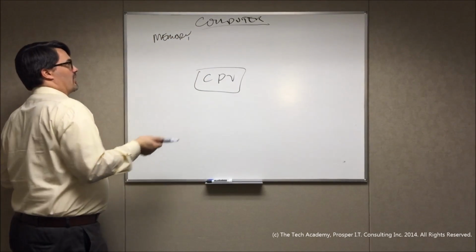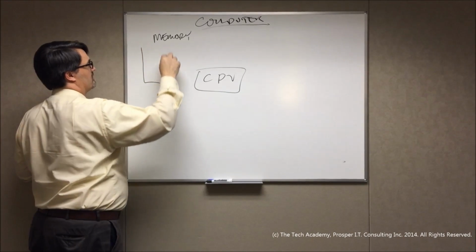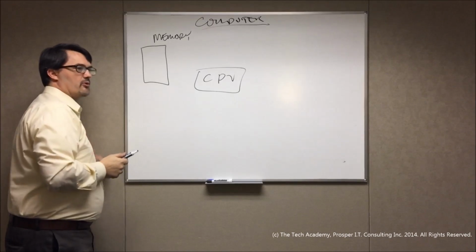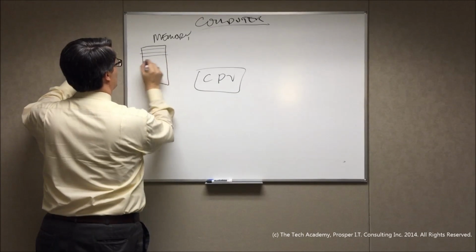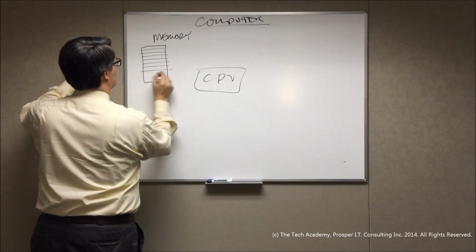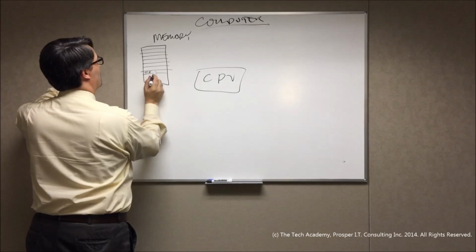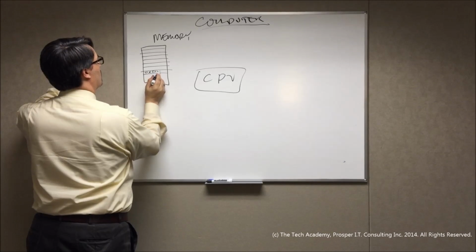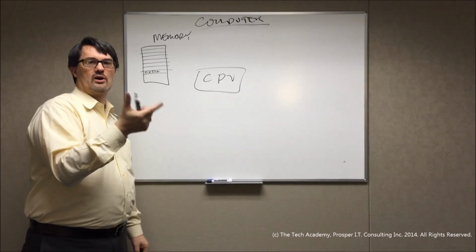A long time ago, the way it would store things is we'd actually have these thick paper cards, and they would have rows on them. And the rows would literally have holes punched or not punched, based on whether you wanted to store a 1 or 0.